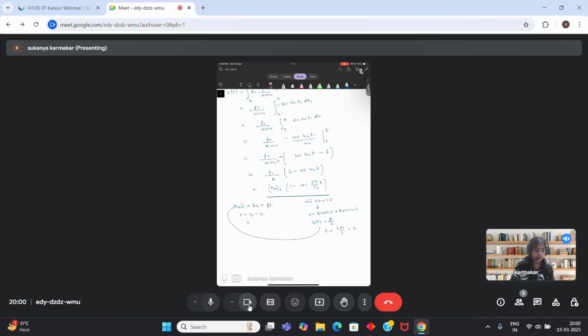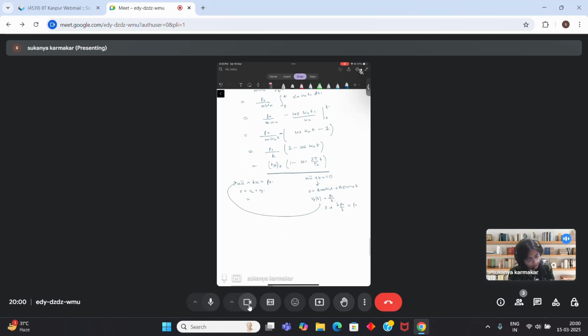So left hand side is equal to right hand side. It is satisfying the differential equation. So your total solution will be A cos of omega n t plus B sine of omega n t plus P naught by K.